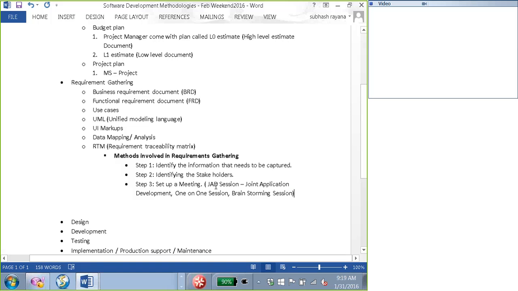Now, let's quickly talk about each of them. JAD session basically is a session where you invite the users, you have an objective, you have an agenda, and you basically try to identify the requirements and ask questions.